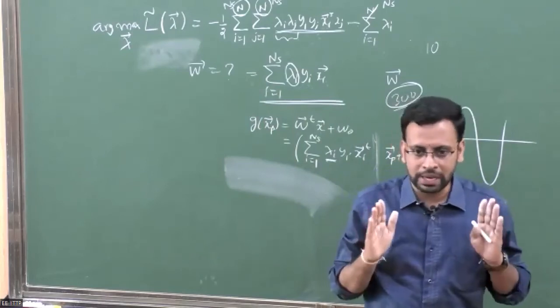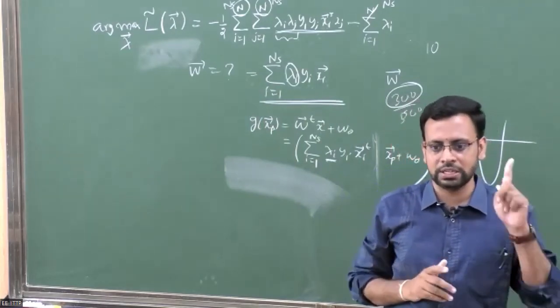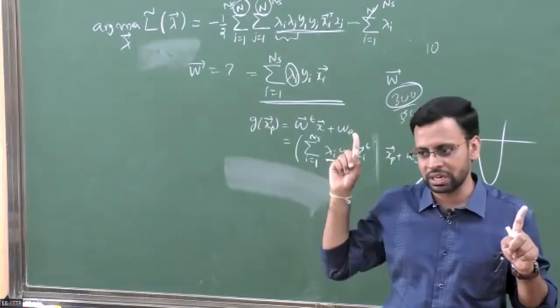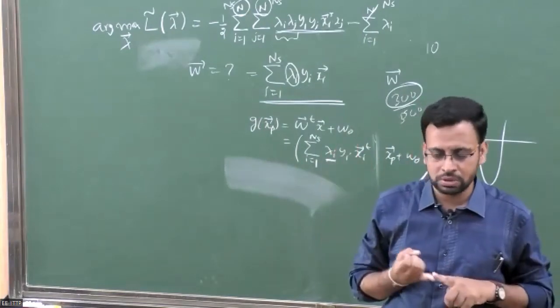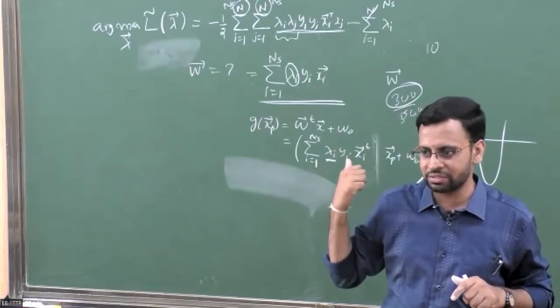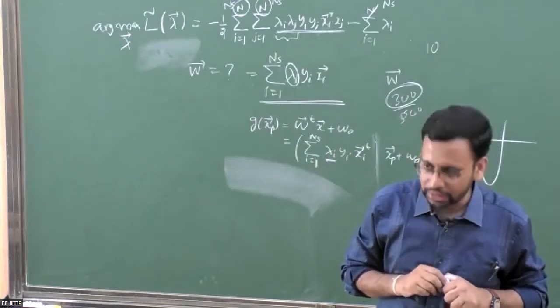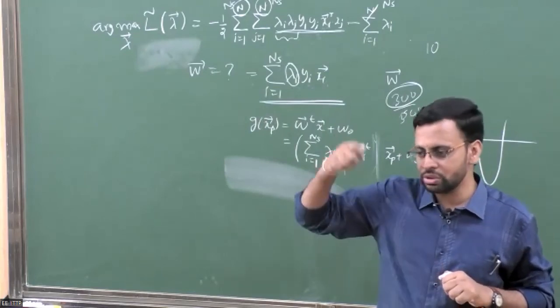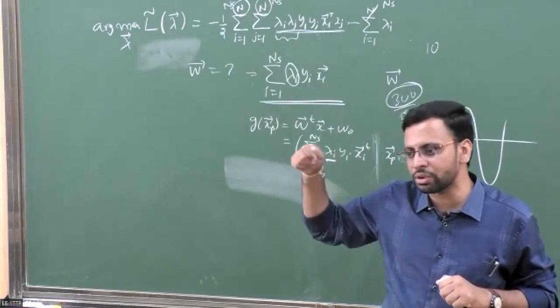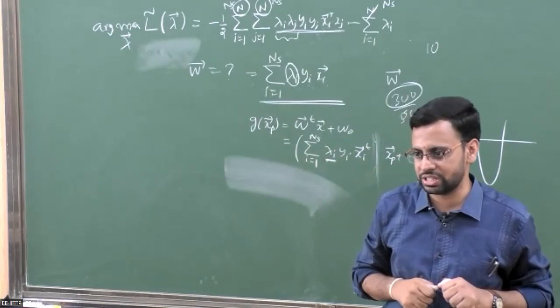Exactly. As far as the hyperplane is concerned, it is unique, which was not the case with neural networks. If you change your initialization, a neural network could give you different hyperplanes for each initialization.